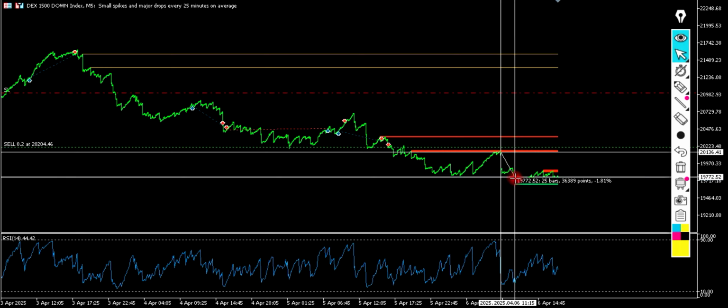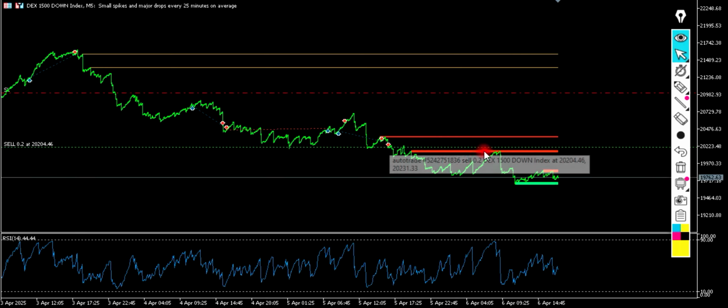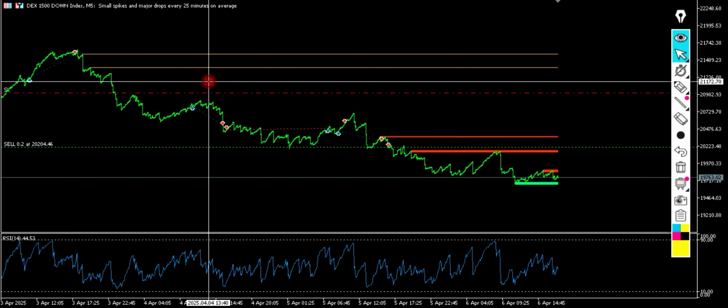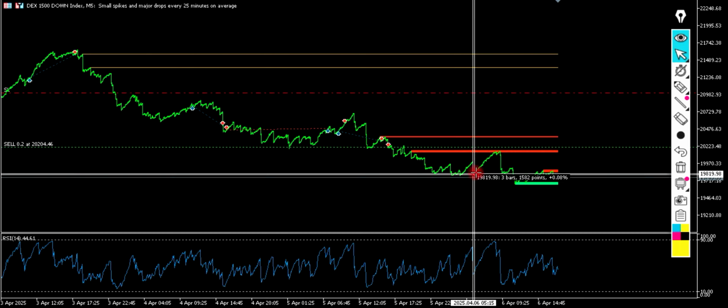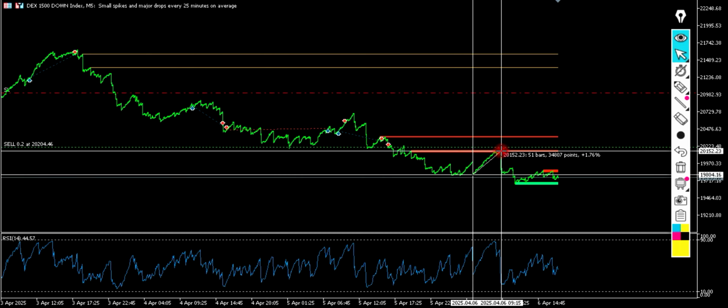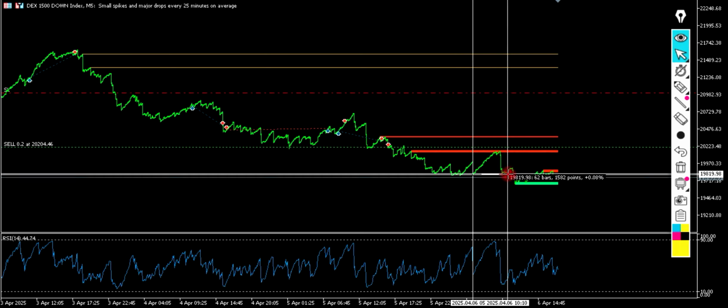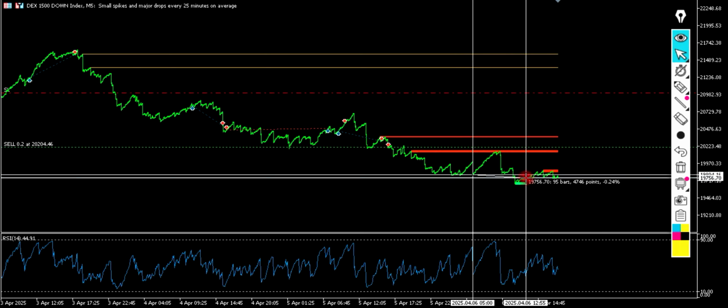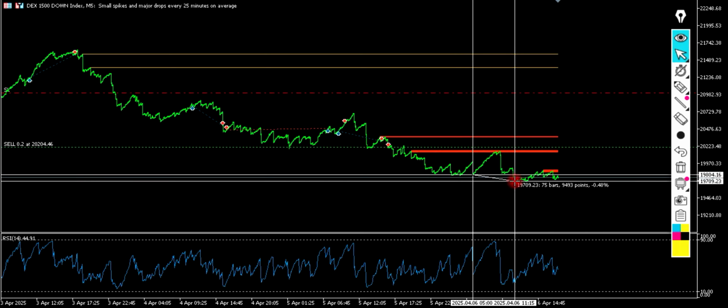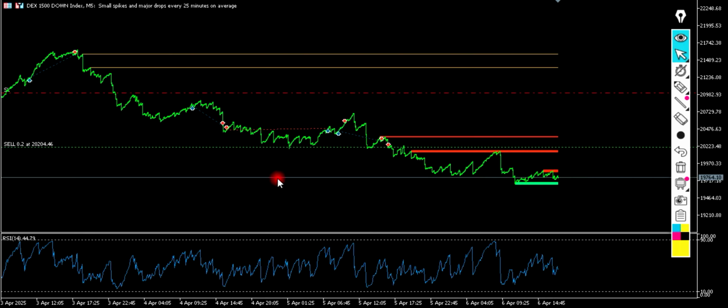This would have been an appropriate point of entry once price had retraced back up to here. If you had entered here, you'd be bagging all of these pips, like 94 pips or thereabout.